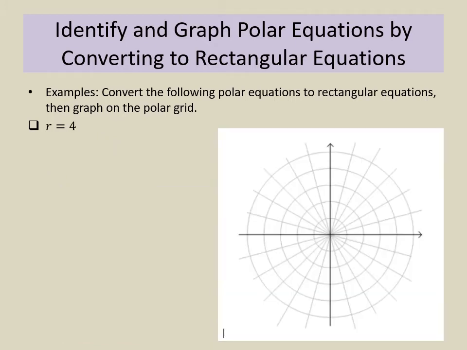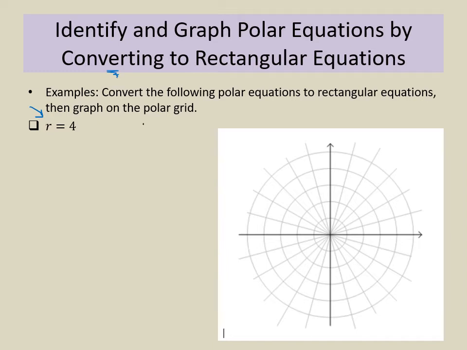Okay, let's have some examples of other equations that we can graph, other polar equations that we can graph. We're still in the first objective, we're still converting. So now let's think about this. How do I convert that one into rectangular coordinates? Once again, let's write the conversions that we have.